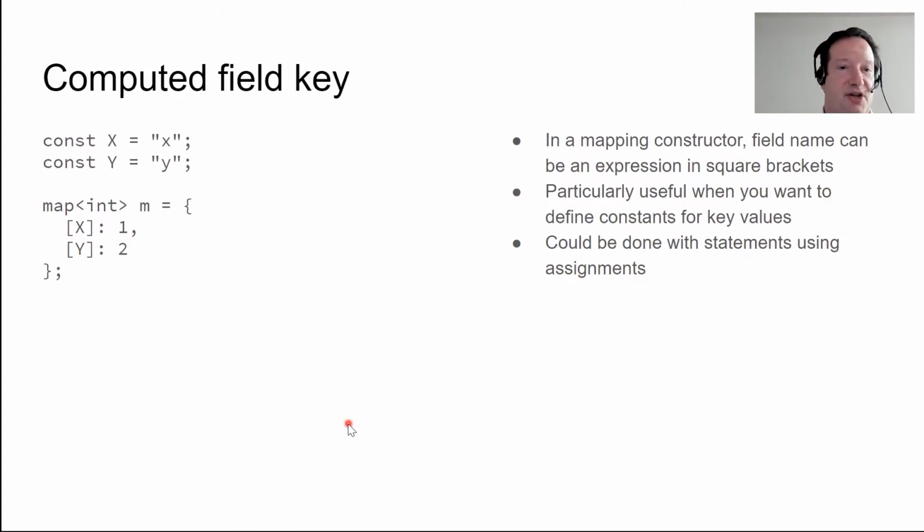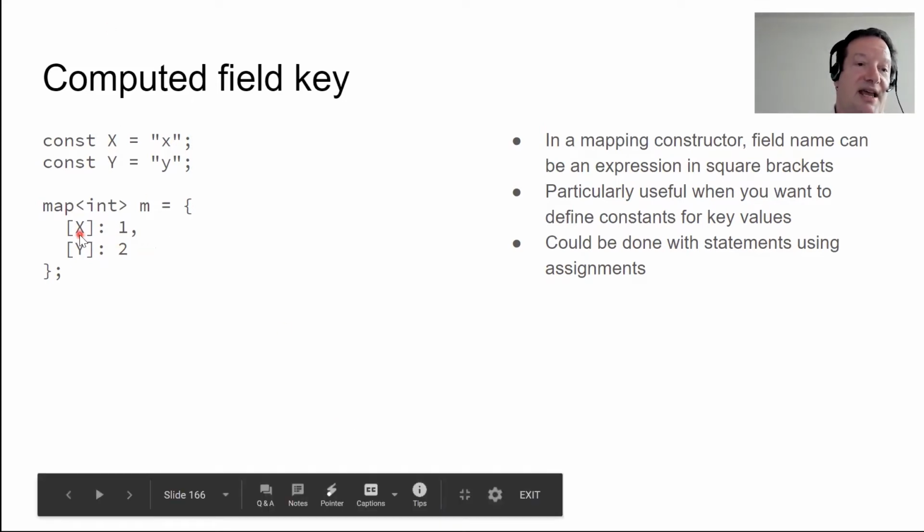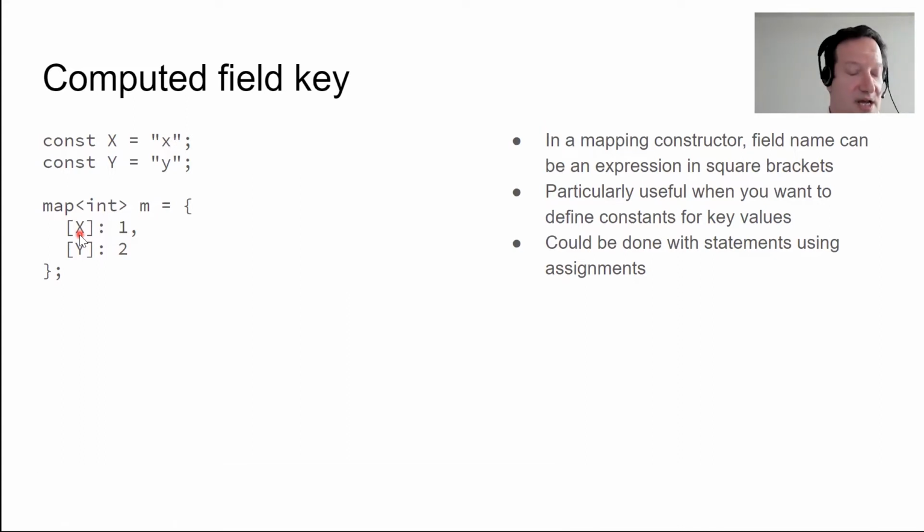Another little thing that helps you do more with expressions. Actually, this comes from JavaScript. If you want to have in a map, sometimes your key is actually computed rather than being known at compile time. And if you have a computed key, instead of having to use an assignment to add to it, to create an empty map and then use statements to add to it, you can do it in a more expression-oriented way by putting the expression in square brackets here.